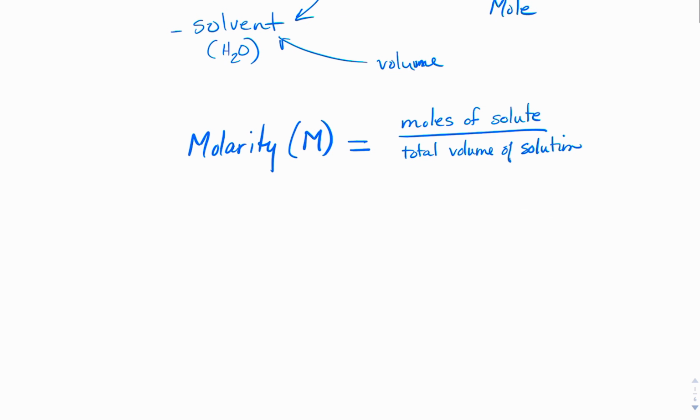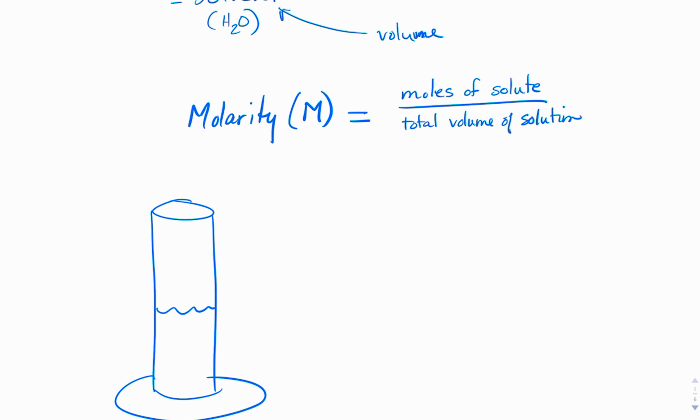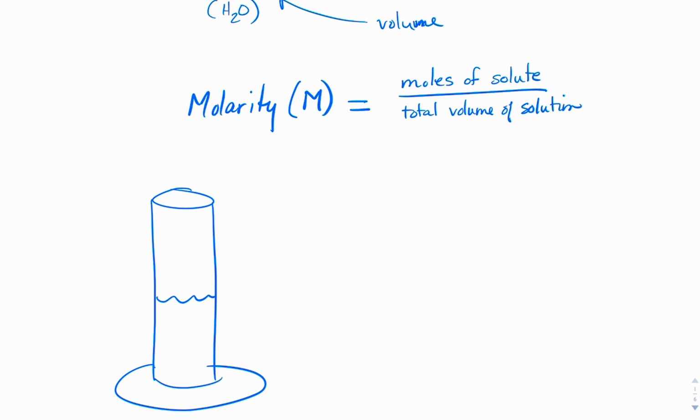Because whenever you have a particular solvent at a particular level, say in a graduated cylinder, if I were to put in sodium chloride, into some water in a graduated cylinder, the volume of the level of water will increase when I add sodium chloride to it.